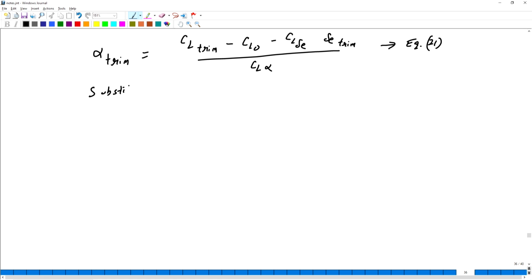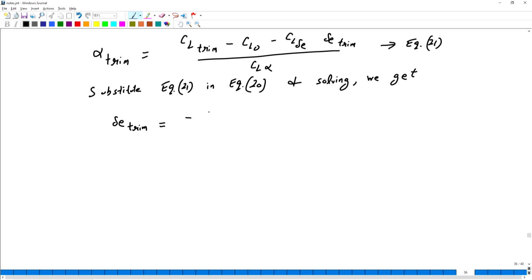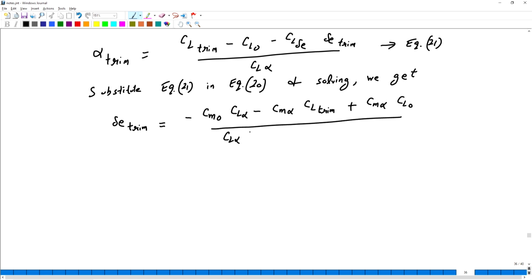Now we substitute equation 21 in equation 20 and solving we get delta E trim equals minus Cm naught CL alpha minus Cm alpha CL trim plus Cm alpha CL naught divided by CL alpha Cm delta E minus Cm alpha into CL delta E. So let me take this equation as equation number 22.